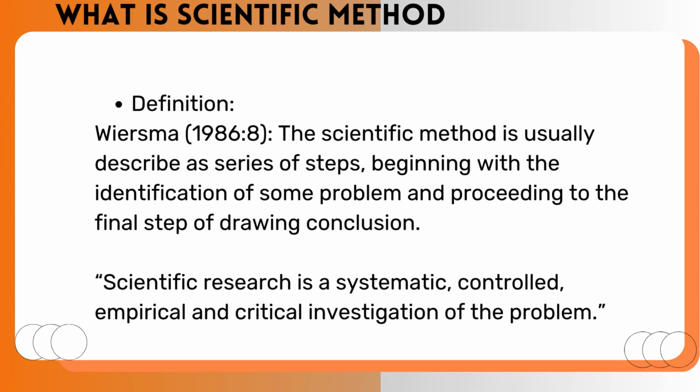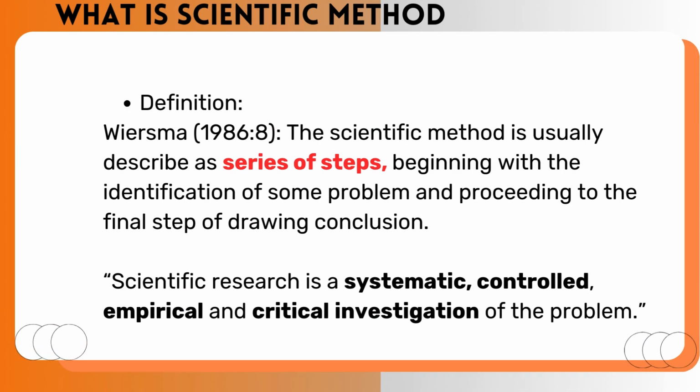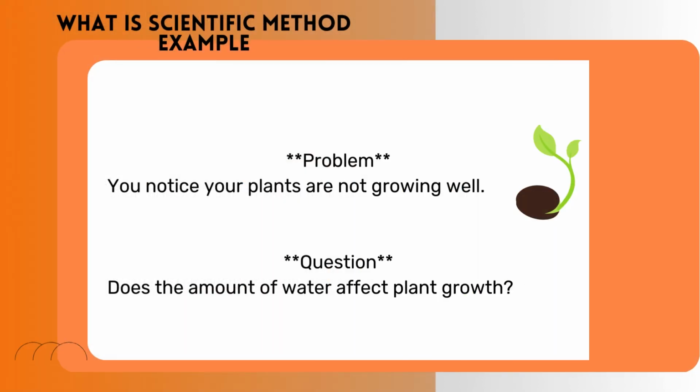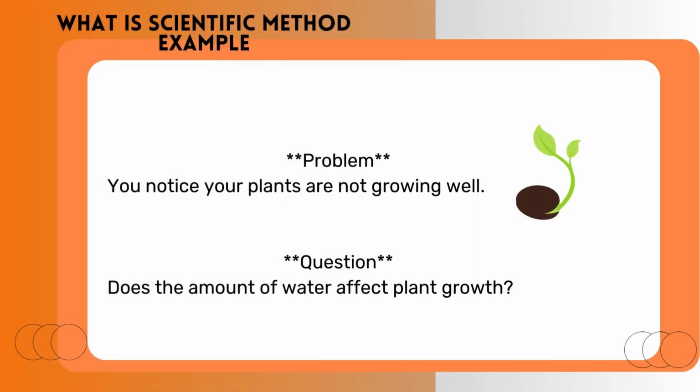That is systematic. And controlled means not random, so in a controlled environment. And empirical is based on real evidence, and critical investigation means it involves questioning and testing ideas to get trustworthy answers.